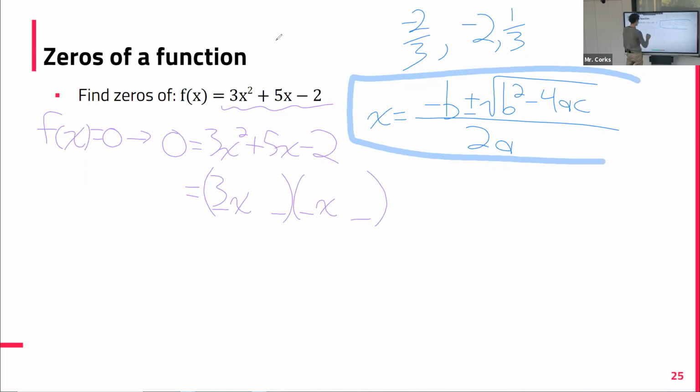Okay, so we're thinking 3x minus 1, and then what would the other one be? x plus 2. Let's try that.